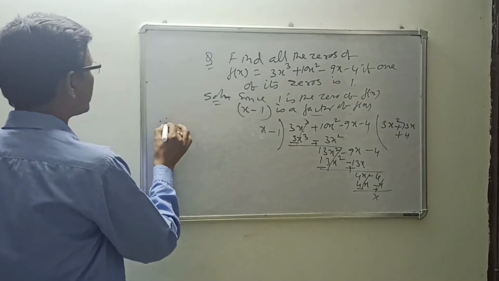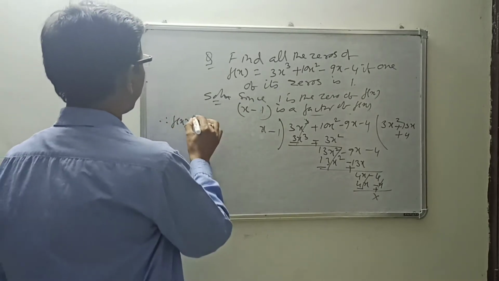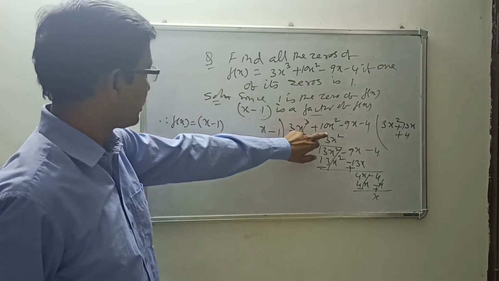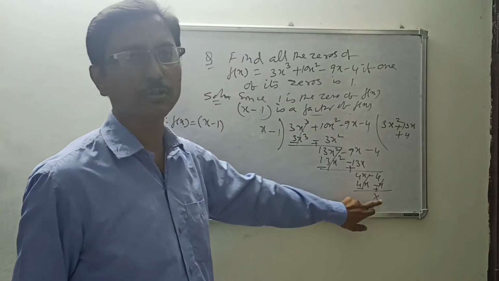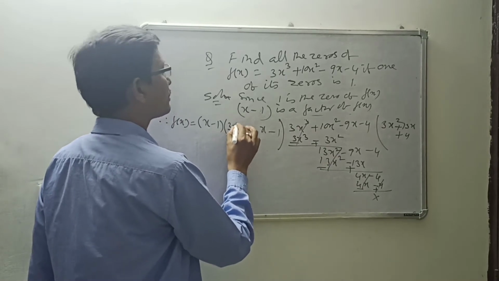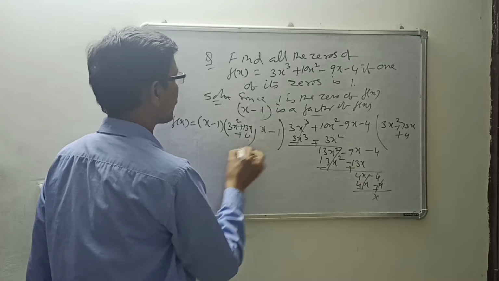So by the division algorithm, dividend f(x) equals divisor into quotient plus remainder, and the remainder is 0. That means f(x) equals x minus 1 into 3x square plus 13x plus 4.